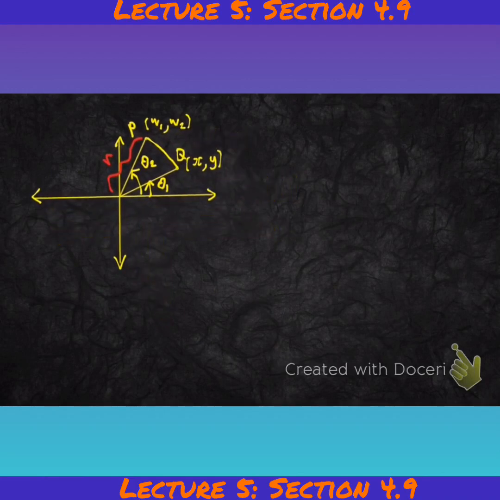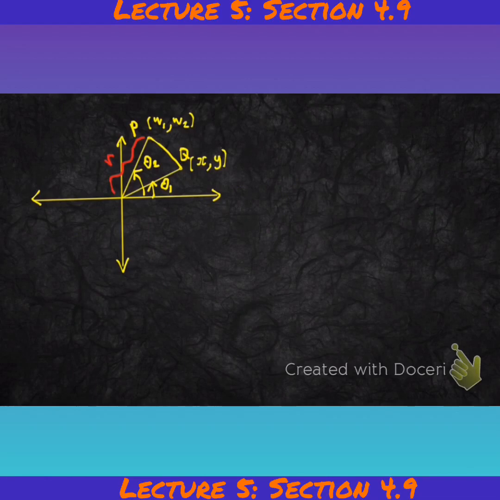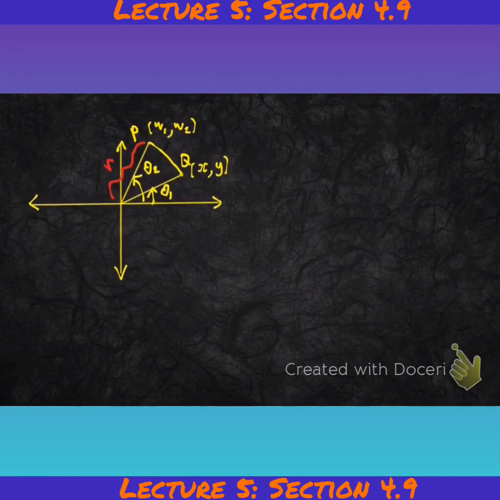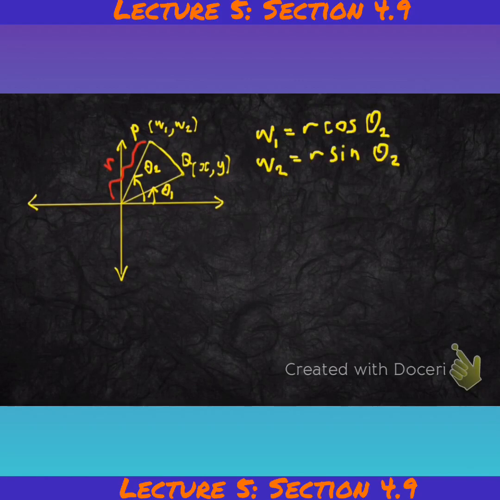Okay, so what we're going to do is find the polar coordinate representation of the point W1, W2. So there's the coordinate representation, and the same is true for X and Y. So that becomes, right, so there we have that.